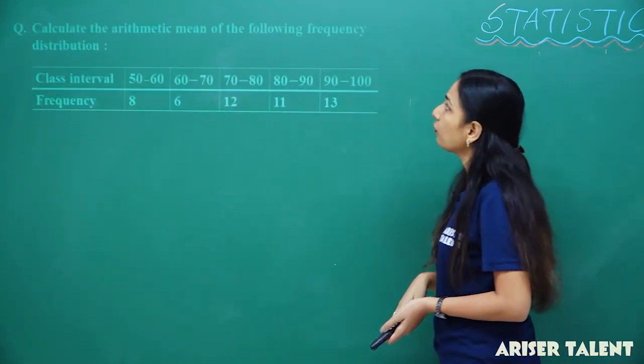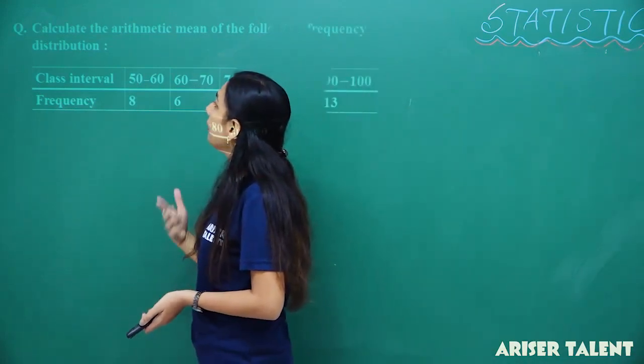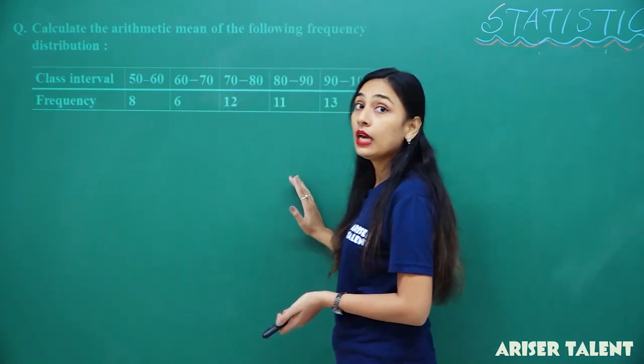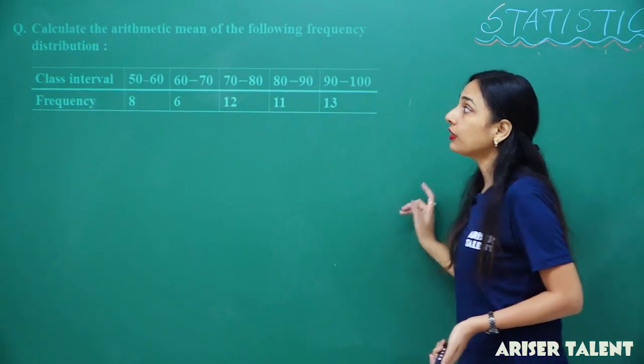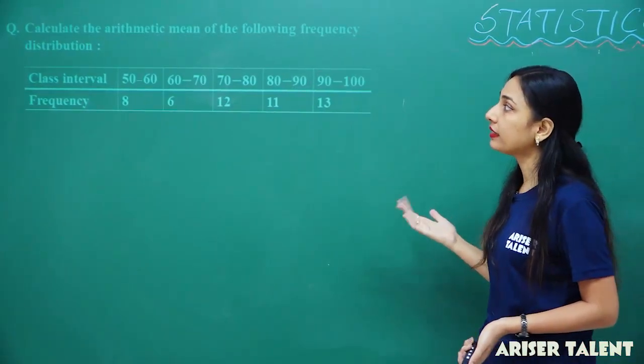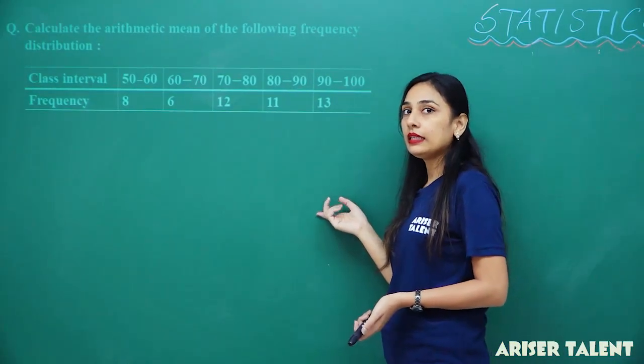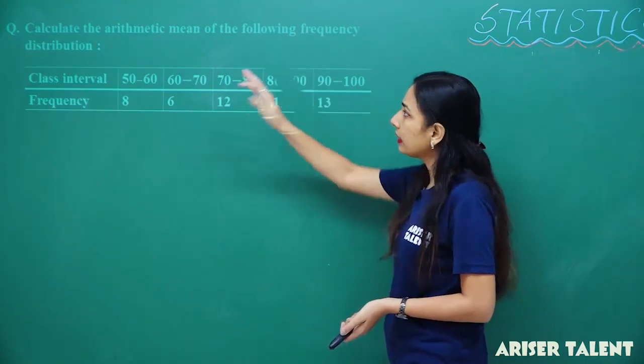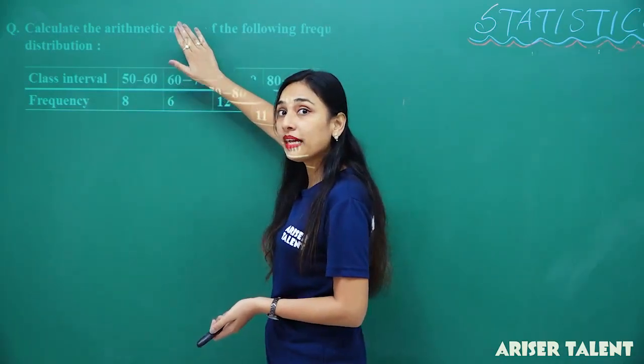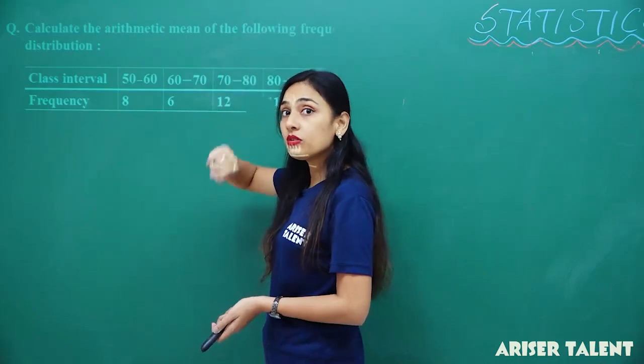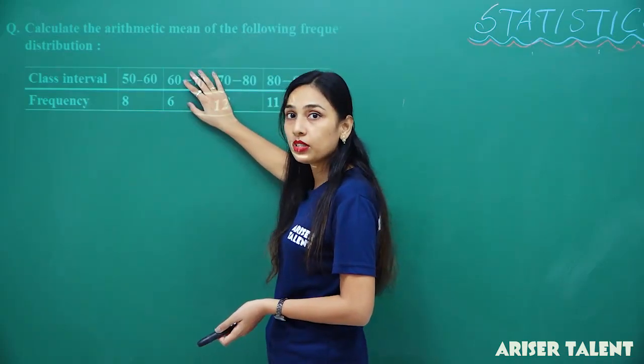Calculate the arithmetic mean of the following frequency distribution, where the class interval is given to you, not the class mark. So you have to find the class mark, as we did in the previous one. Here the method is not specified, so you can use the direct method also in this question.